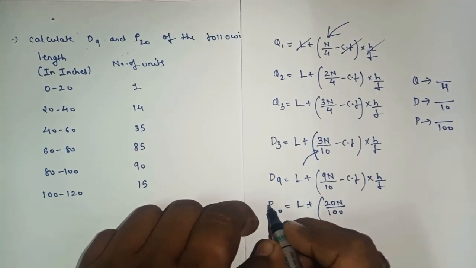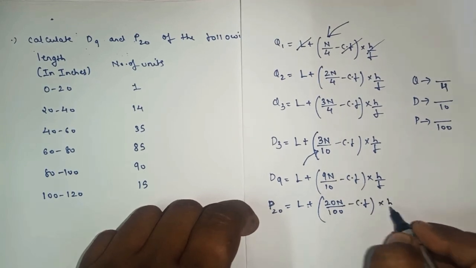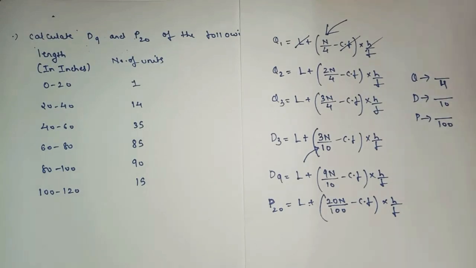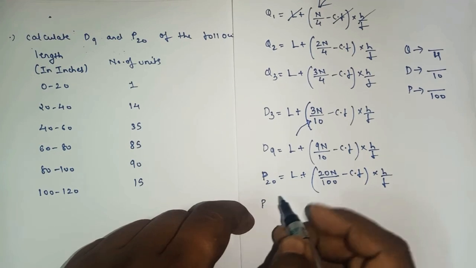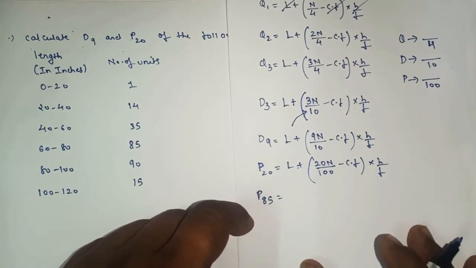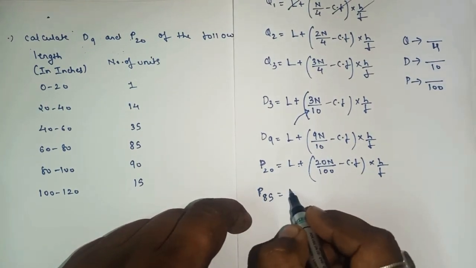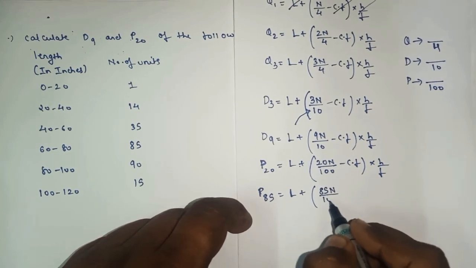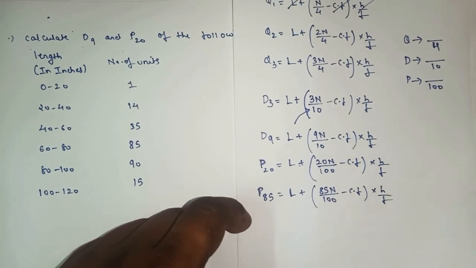Yes, of course 100. P stands for percentile. Minus cf into h upon f. I hope you understood how to frame the formula. Suppose you want to find P85, so here you will write L plus 85n upon 100 minus cf into h upon f.